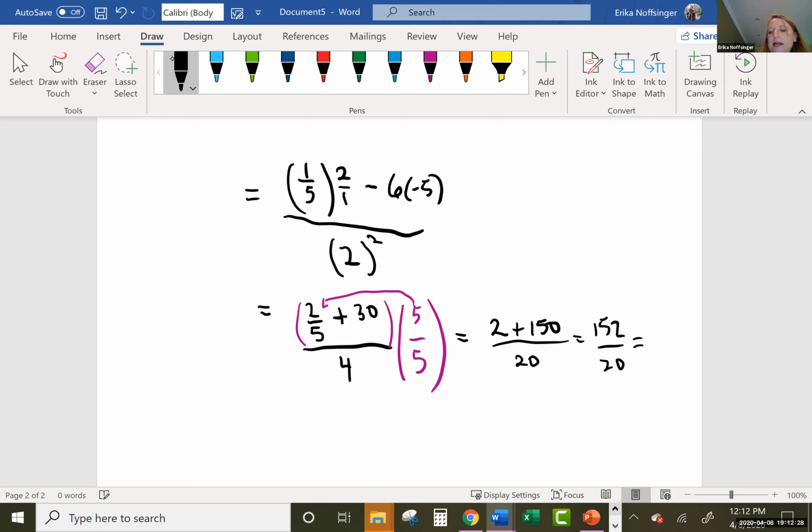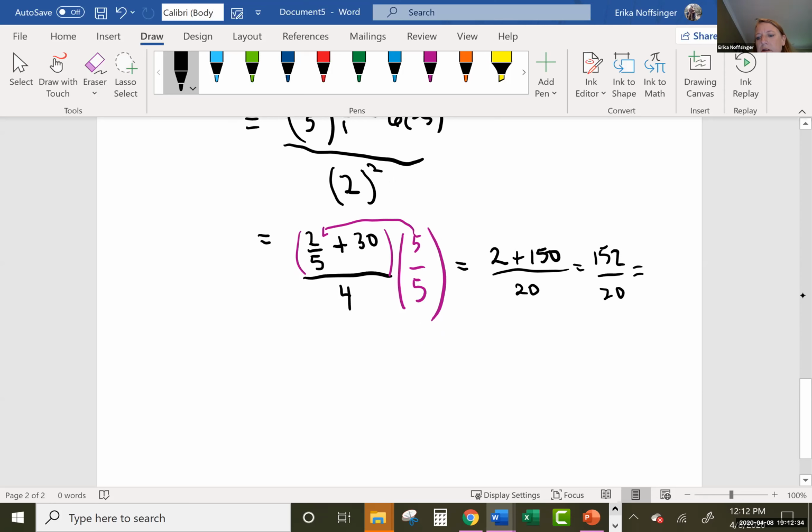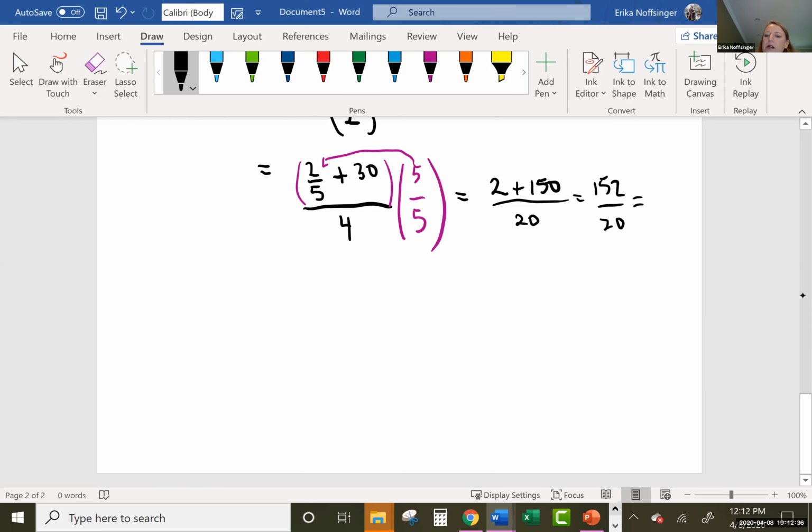I noticed that at least 2 goes into those because they're both even. We might have something else that goes in there too. So this would give me 2 goes into 20 10 times, 2 goes into 152 is 76.